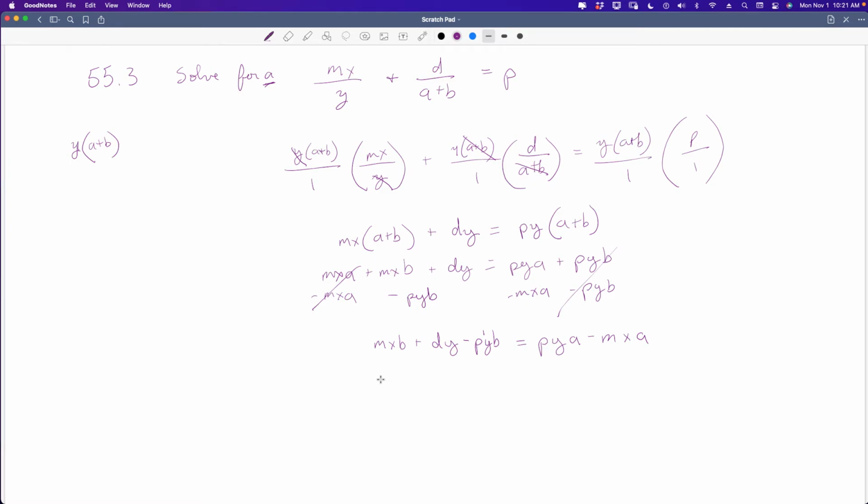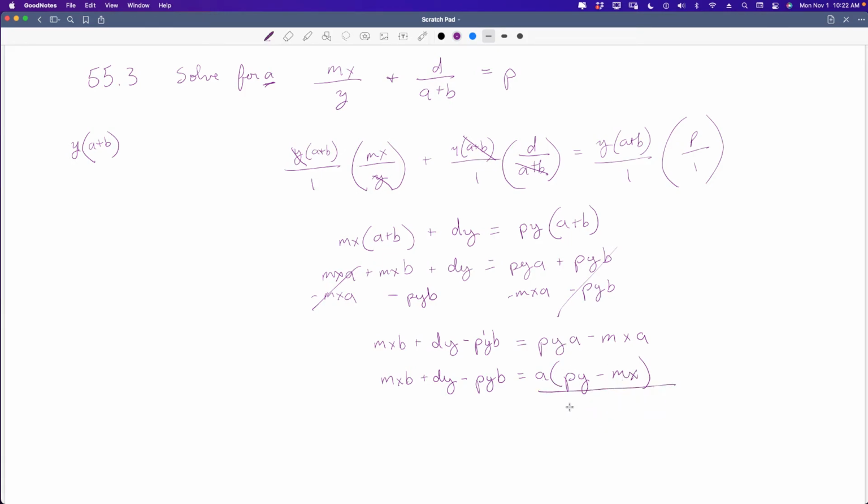So now we can do some grouping. Let's do mxb plus dy minus pyb equals, let's get a isolated, a times py minus mx. You see how we factored a out of each one of these, and that left us with py minus mx.